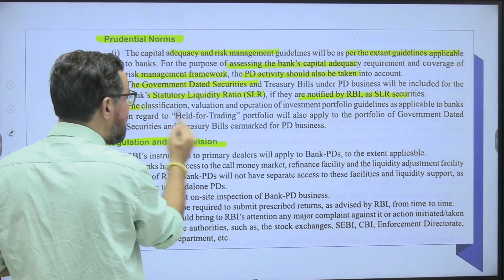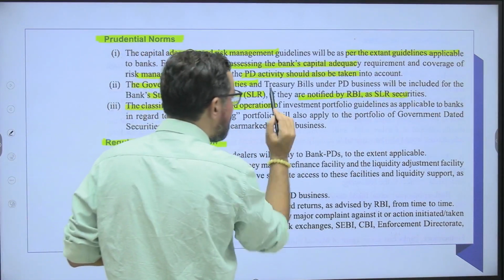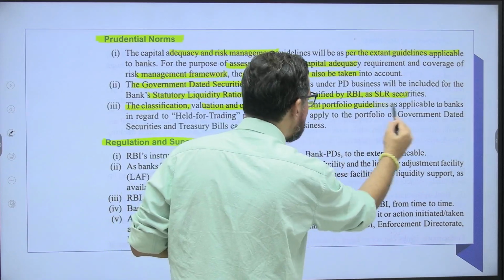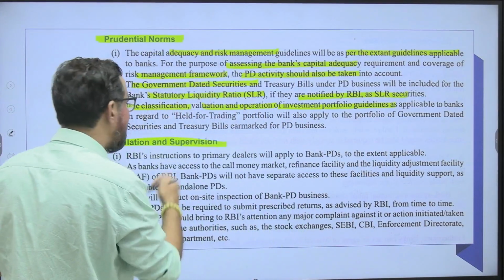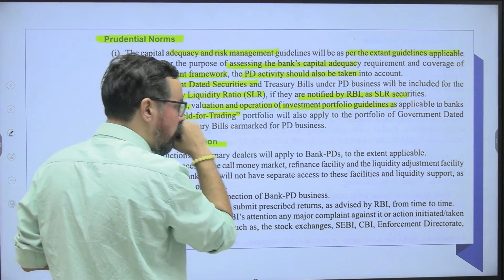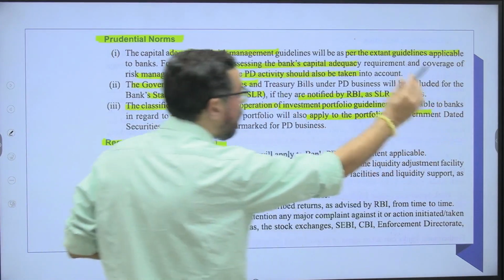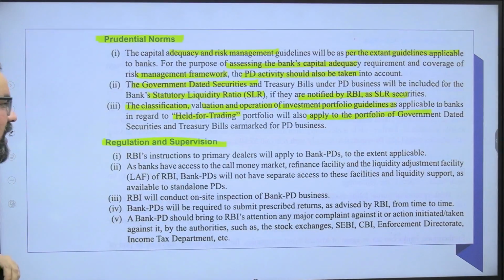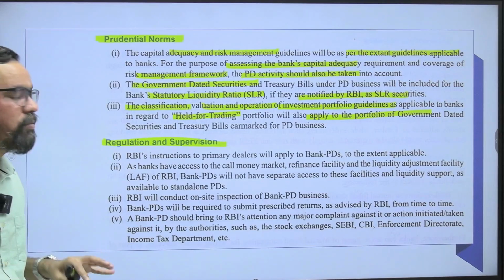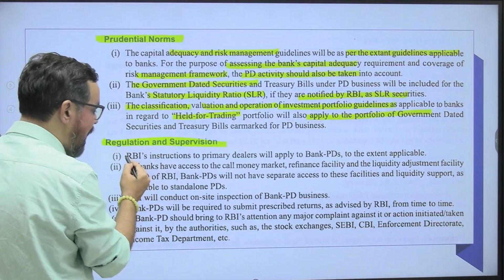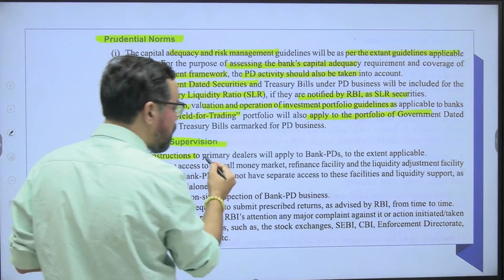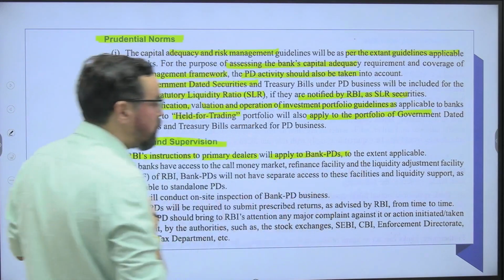The securities classification, valuation and operation of investment portfolio guidelines as applicable to banks in regard to the held for trading portfolio will also apply for the portfolio of government dated securities and treasury bills earmarked for the business of PD. ठीक है. So regulation and supervision, RBI instructions to primary dealers will apply to bank PDs. ठीक है.